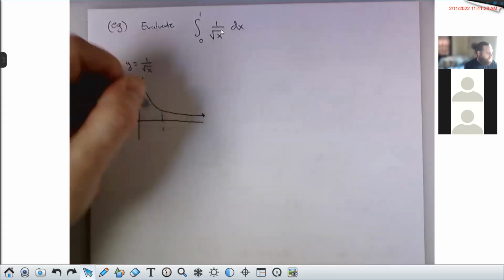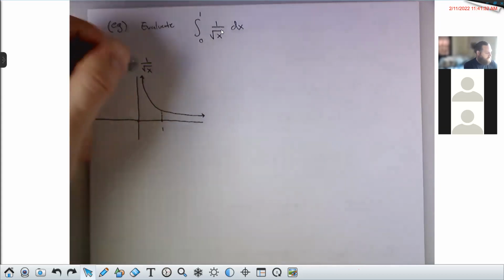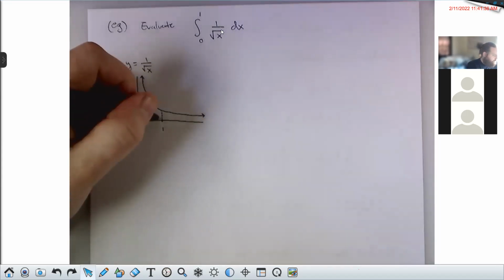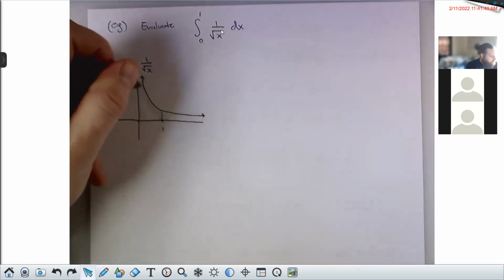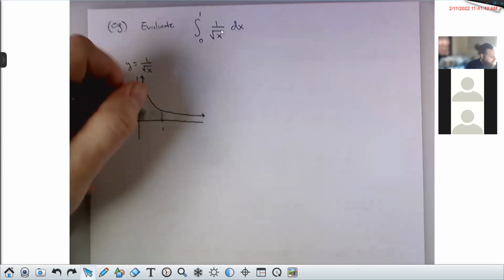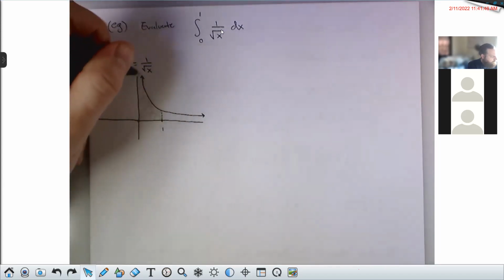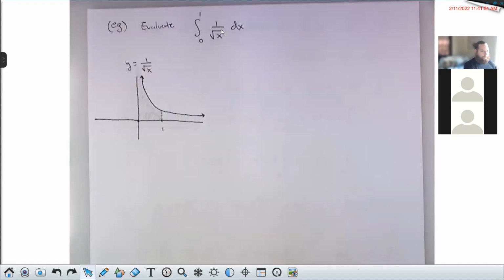So when I say I'm going to integrate that from 0 to 1, I'm saying I'm looking for this area. And this area goes up, up, up, and up.